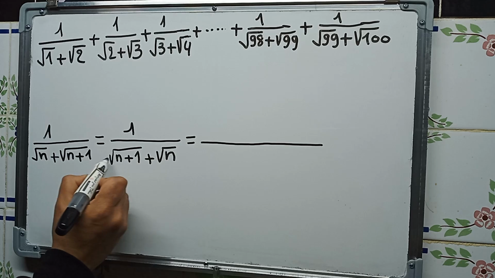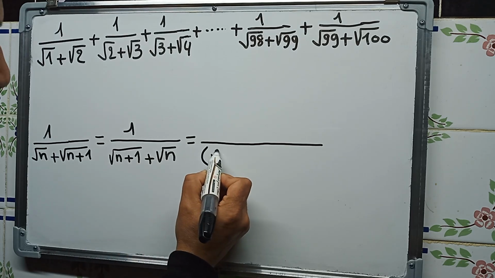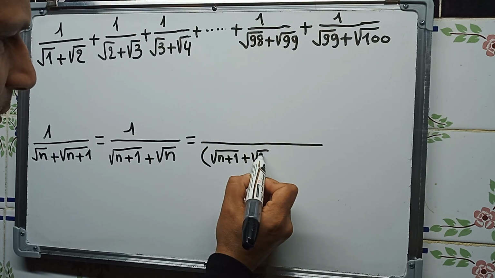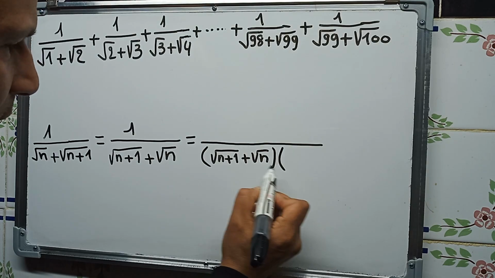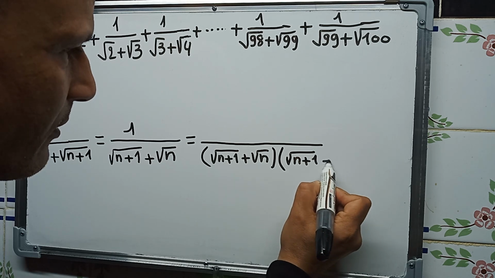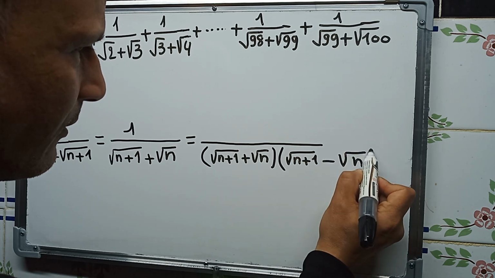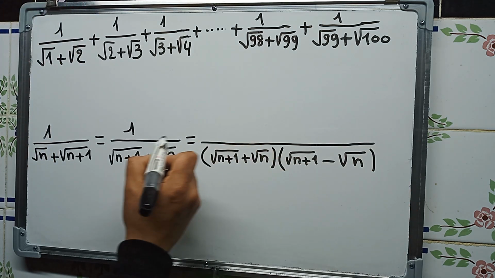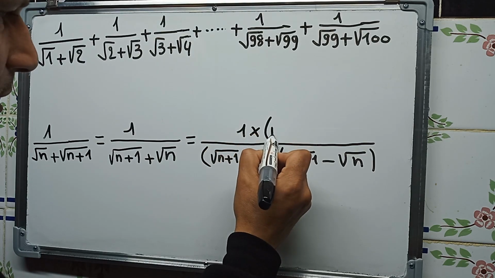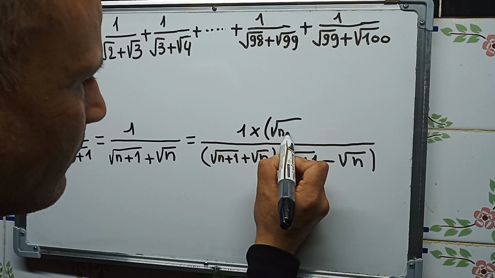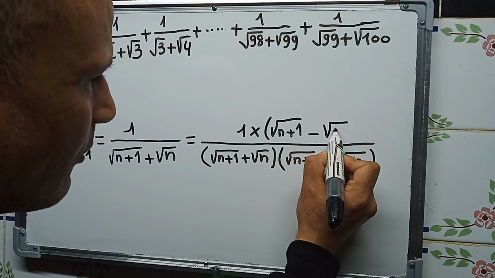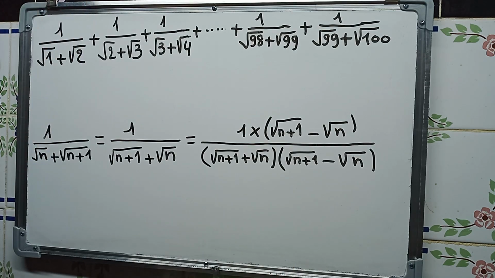The conjugate of this number, square root of n plus 1 plus square root of n, is square root of n plus 1 minus square root of n. This is the conjugate. And multiply also here by the same number, which is square root of n plus 1 minus square root of n.